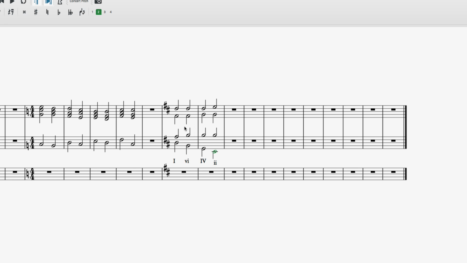Another problem is that because it has a lot of similar motion or similar notes between chords, there's a real strong tendency to make big parallel octaves and fifths. You can do it quite easily. I think I avoided it throughout this.